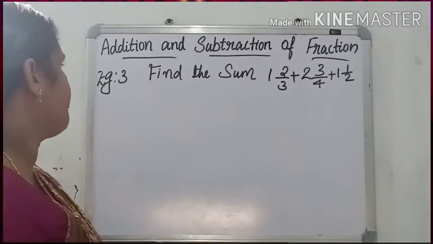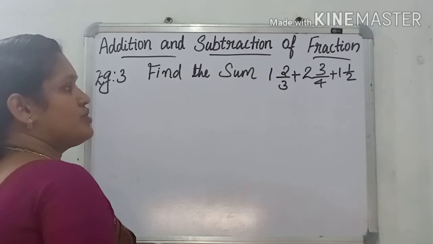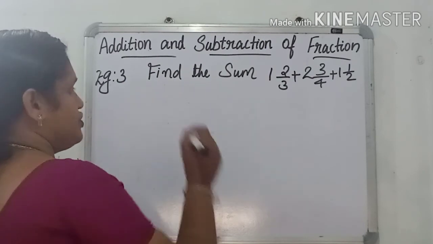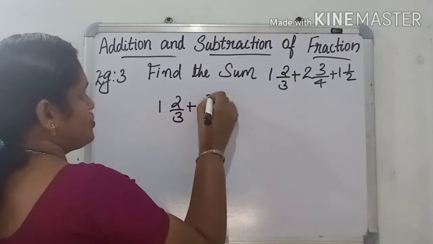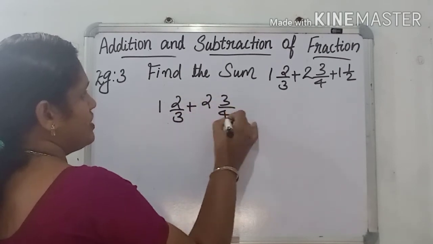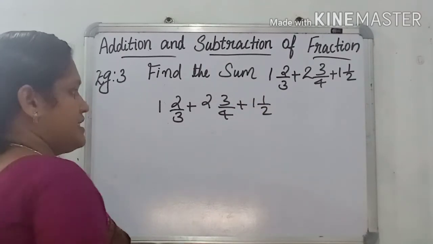Example 3. Find the sum 1 2 by 3 plus 2 3 by 4 plus 1 1 by 2. All are mixed fractions.